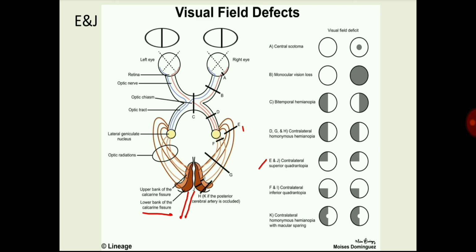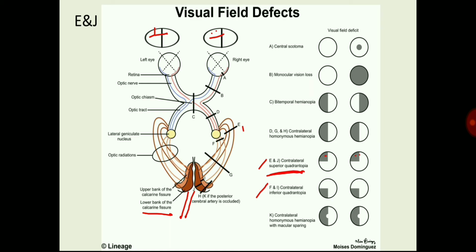It will produce a visual loss in the superior quadrant of the opposite field of vision. So this condition is contralateral superior quadrantic anopia. So if these inferior fibers of the optic radiation and the inferior aspect of the occipital lobe are damaged, it will cause superior quadrantic anopia.